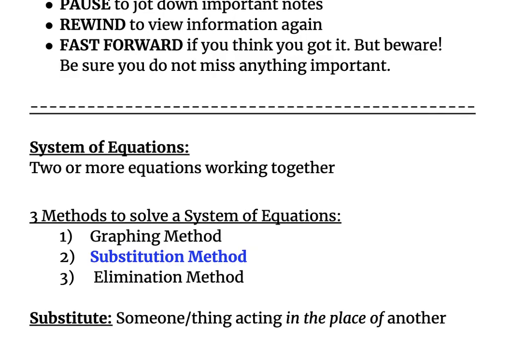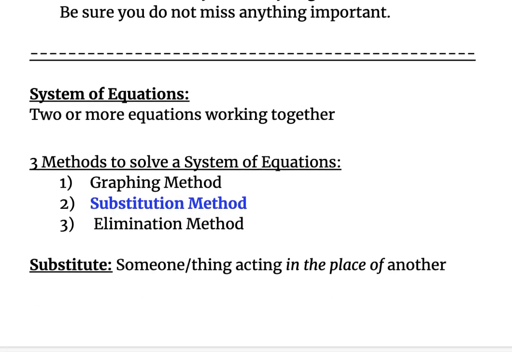So if your forward is taken out of the game, then you are substituting another player that also has similar skills to the forward. So it's someone or something acting in the place of another. So using that concept, we are going to talk about the substitution method and how that can be used to solve a system of equations.